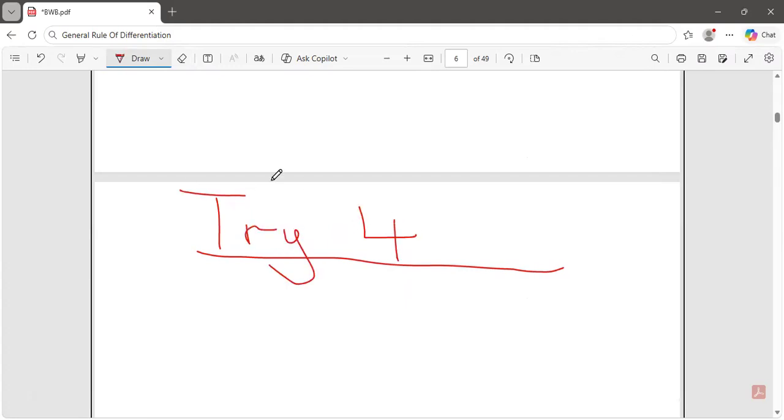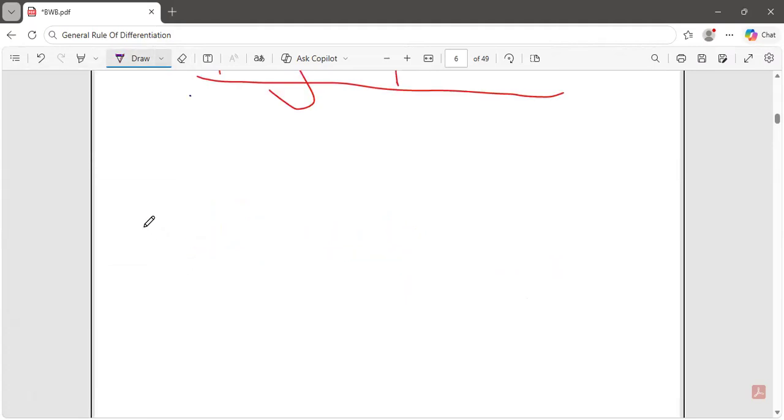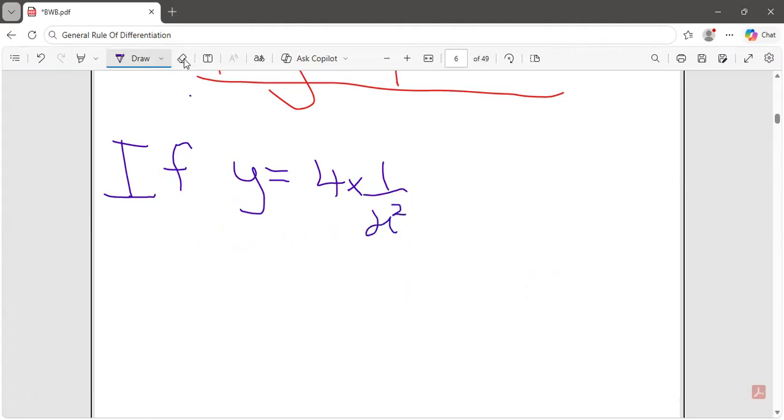And this question is in the form: if y is equal to 4 times 1 over x squared, plus 3 times 1 over x exponent 3, and your final one is minus 6 over x exponent 4.